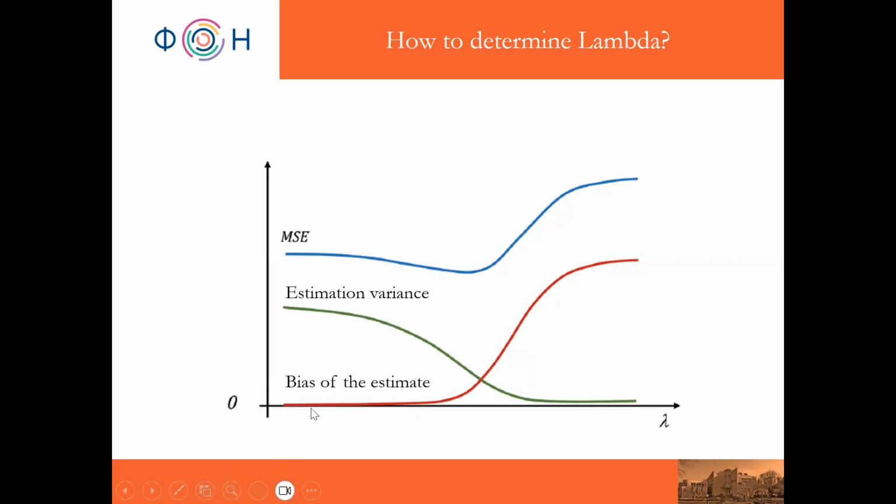So we want to find a good value of lambda which balances variance and bias and at the same time leads to a small mean square error. Basically, that is our way of finding a good value of our parameter lambda.